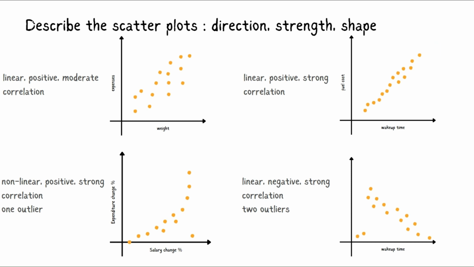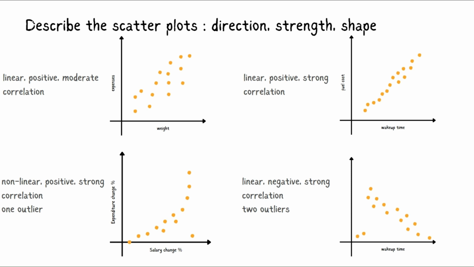In the bottom left corner, the points indicate a non-linear correlation because here the points do not follow a line, but more of a curve. It is also positive because the direction is increasing. It is strong because the points are not very dispersed from this imaginary curve.